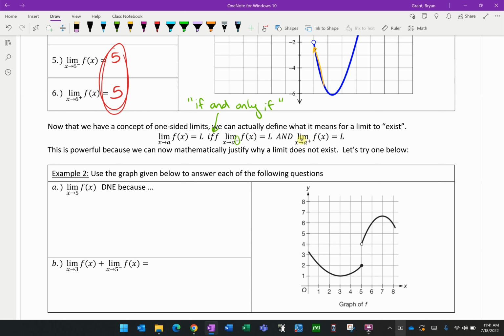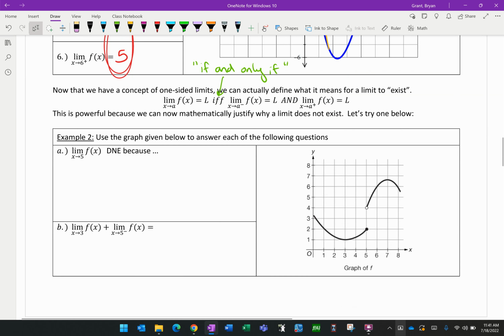Or if you read it backwards, it tells you if the left-hand limit and the right-hand limit equal the same value, then the overall two-sided limit exists. All right, so let's go ahead and try to use that definition to justify why a limit does or does not exist. Example 2. Use the graph given below to answer each of the following questions.